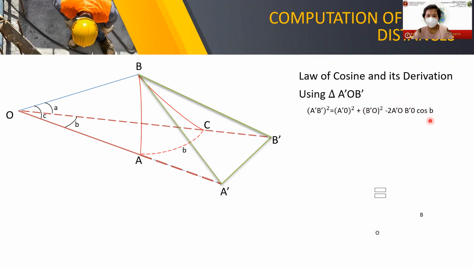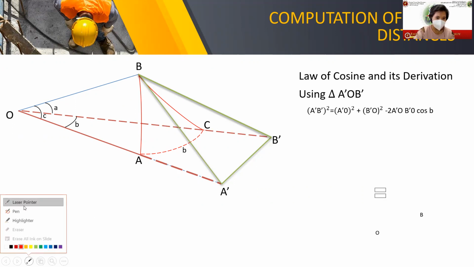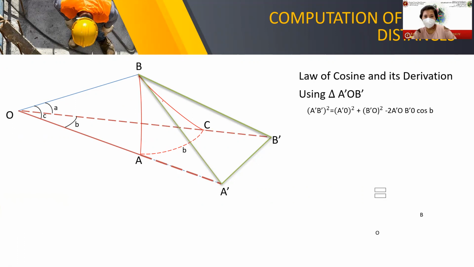We only applied the cosine law of the plane triangle, which is earlier, c squared equals a squared plus b squared minus 2ab cosine of the angle C. So that's it, we can compute C.